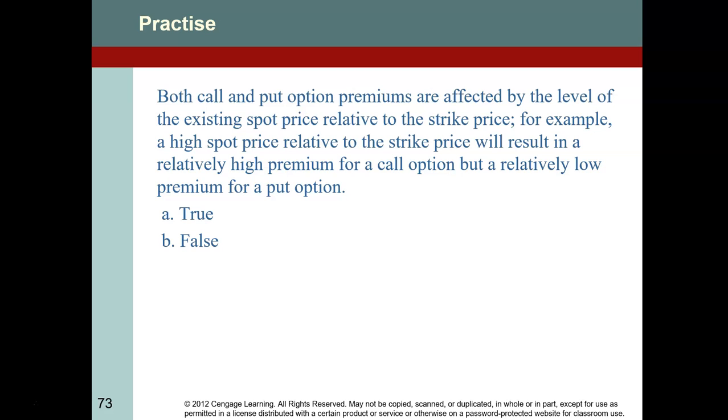Is this true? Yes, it is. Again, for a call option, we want a high spot price and a low strike price, because we want to purchase the currency at a low strike price. But for a put option, we don't want this to happen. So the premium would be low for the put option in this case, and high for the call option.